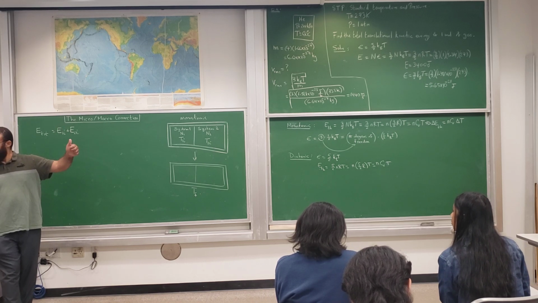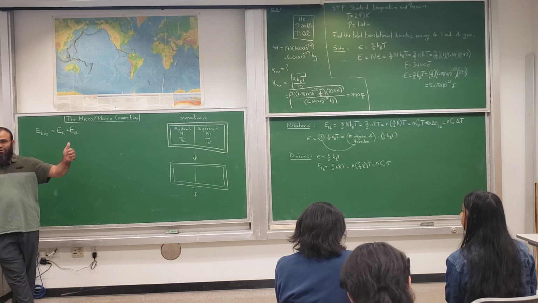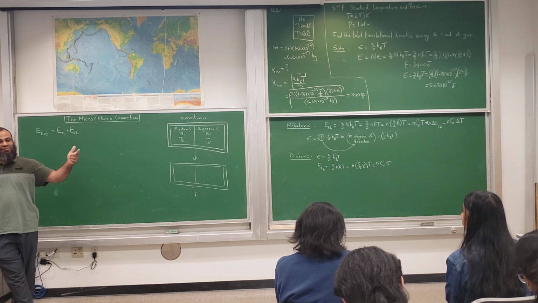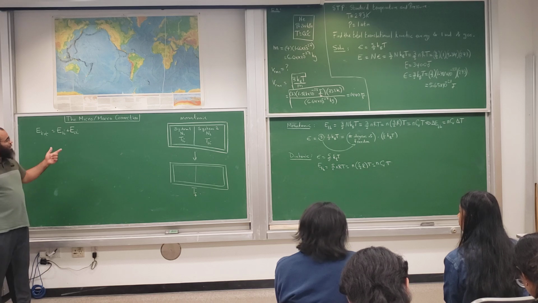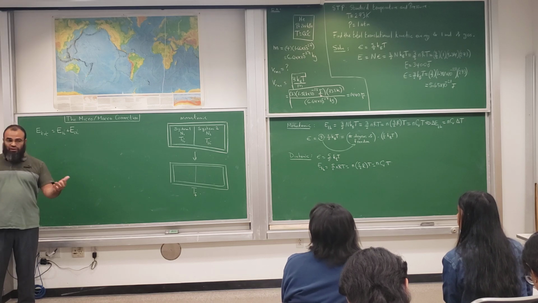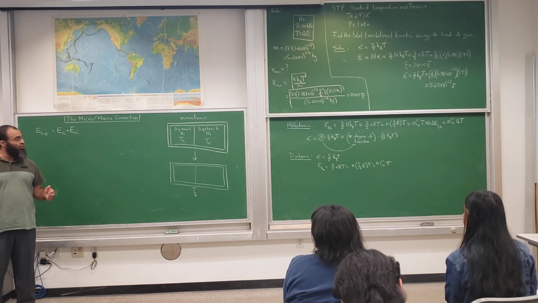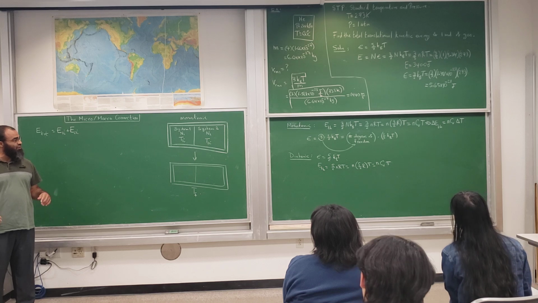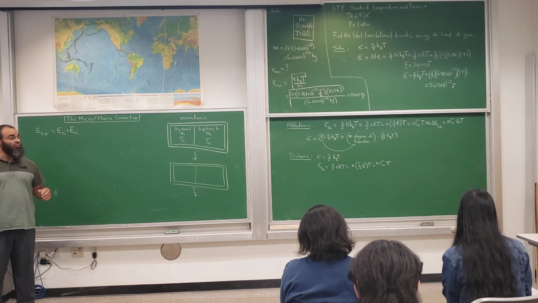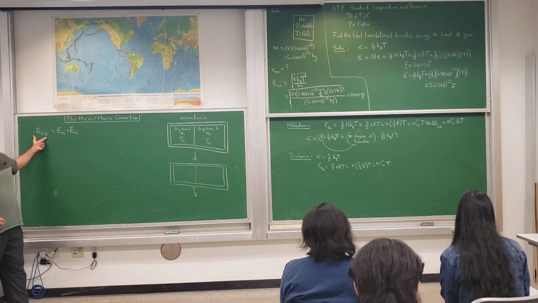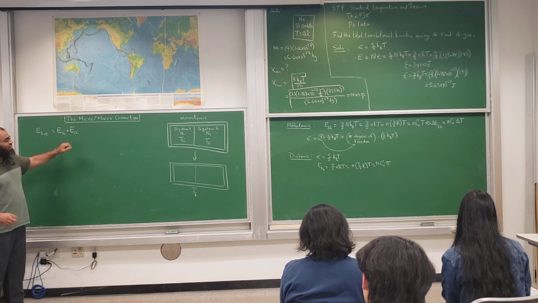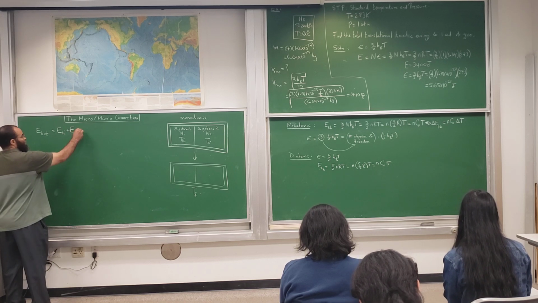No heat enters the system and no work is done on the system. The way to change the thermal energy is to either do work or add heat. We're not doing work, we're not going to change the volume, and we're not going to add heat from the outside. So this is going to remain constant. So the sum of the two.